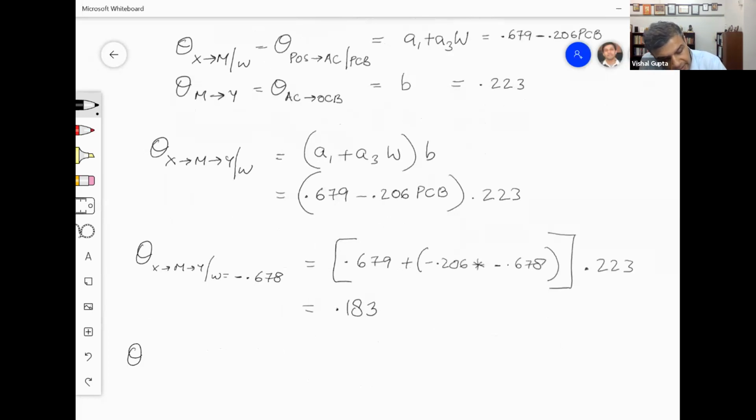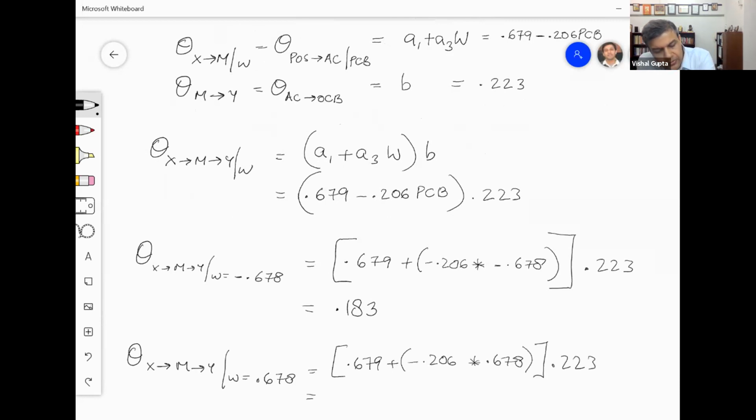Similarly, the indirect effect, which is now conditional, so theta x to m to y at plus 0.678, which is 0.679 plus minus 0.206 multiplied with 0.678 whole multiplied with 0.223.